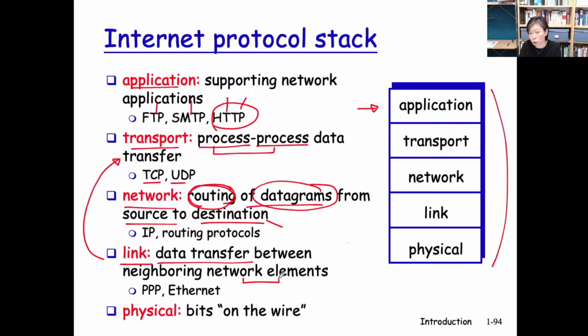For example, between two routers directly adjacent to each other, there's just one link. The transport layer might go across several hops, but a link layer protocol only handles data transfer in one hop. So it deals with data transfer very locally within a link. For example, Ethernet is a link layer technology, a link layer protocol.